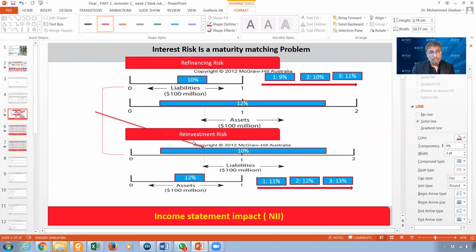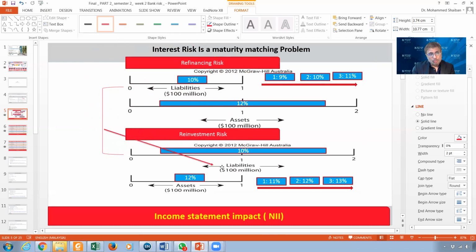If we reverse it, we call it reinvestment risk, which means I want to reinvest my money, and hopefully I will find a borrower, or the market will allow me to lend at 13 or 12. If the interest rates go down, it's a problem. Here, if the interest rates go up, it's a problem. Anyway, this is reinvestment risk, and this is refinancing risk.